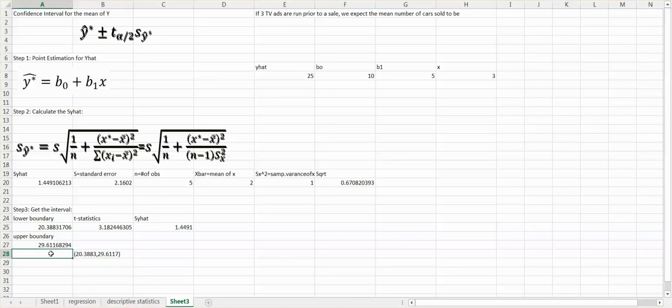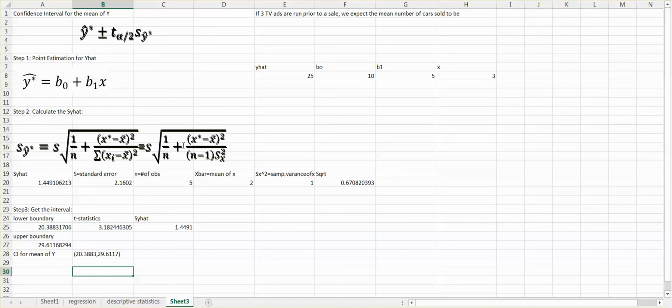So this is our confidence interval for the mean of y. It's from 20.3883 to 29.6117.